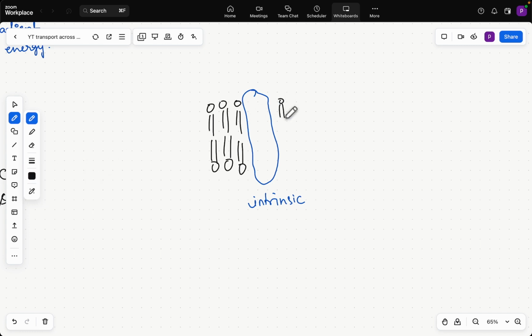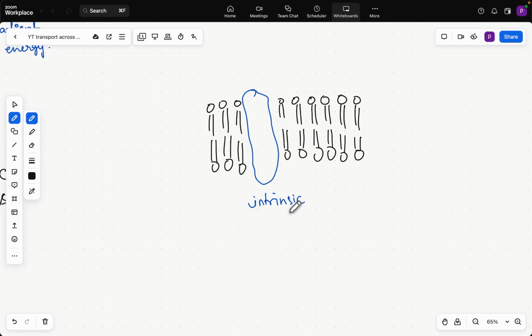You can see the other part of the cell membrane here. So it is present in between, buried completely inside the cell membrane, and this protein will be able to pass some molecules through itself, right? That means this protein is actually facilitating the diffusion, right?